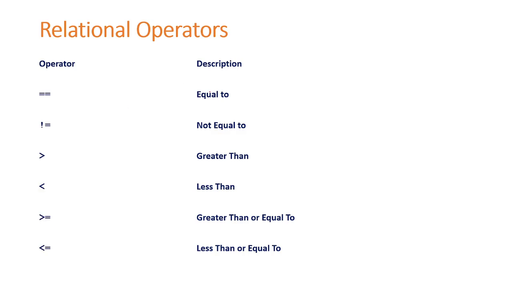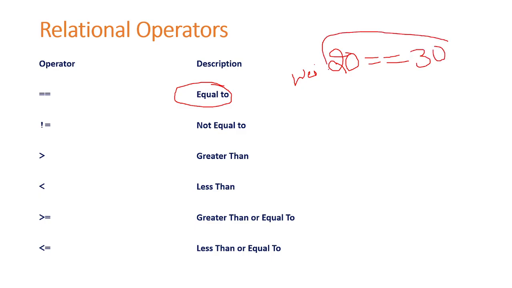The first one is equal to. Like if the man's weight is 20 kg, is it equal to the other man's weight of 30 kg? The whole thing will check the condition, whether it is true or false.